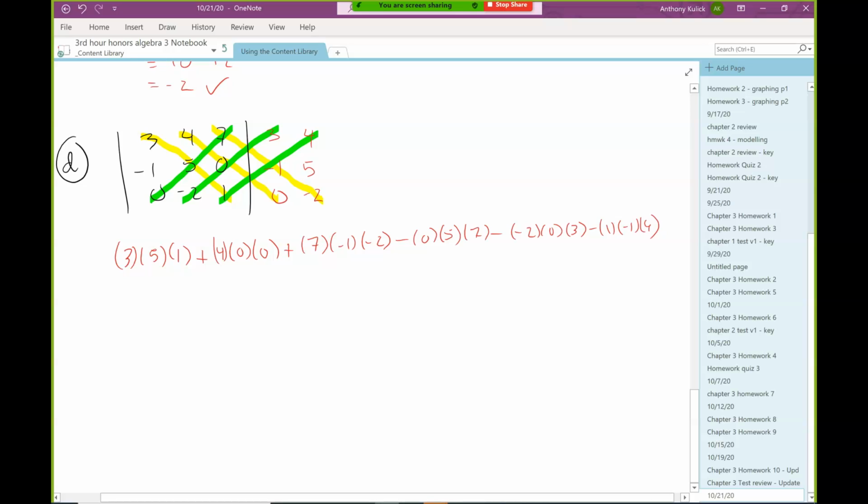I told you that just remembering the process was going to be much easier than memorizing the formula. Everybody agree with that? So now all that's left is to do this multiplication. So 15 plus 0 plus 14 minus 0 minus 0 plus 4. So that would be 33.